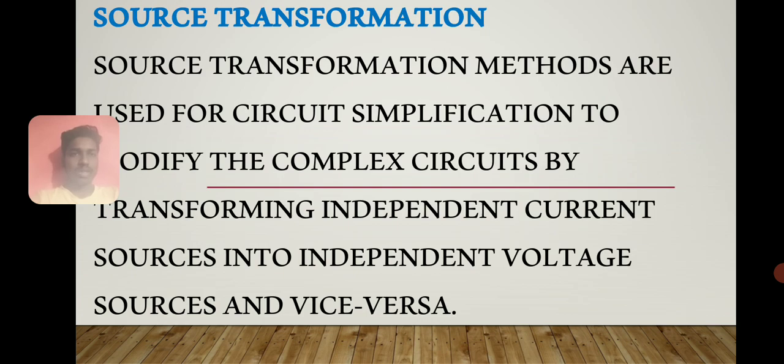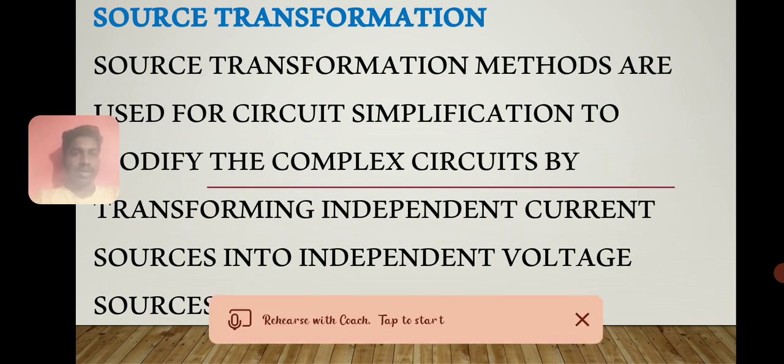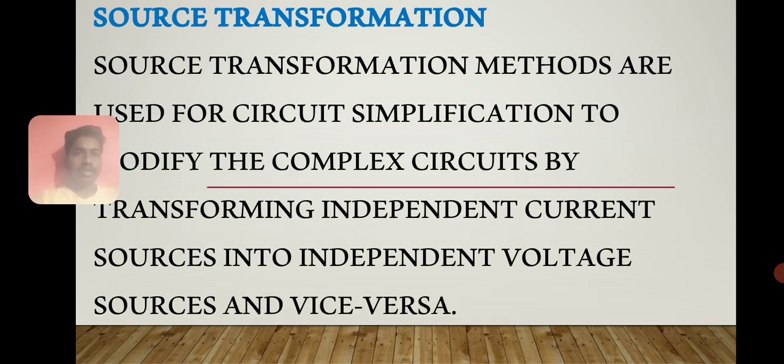Source transformation. Source transformation methods are used for circuit simplification, to modify complex circuits by transforming independent current sources into independent voltage sources and vice versa.